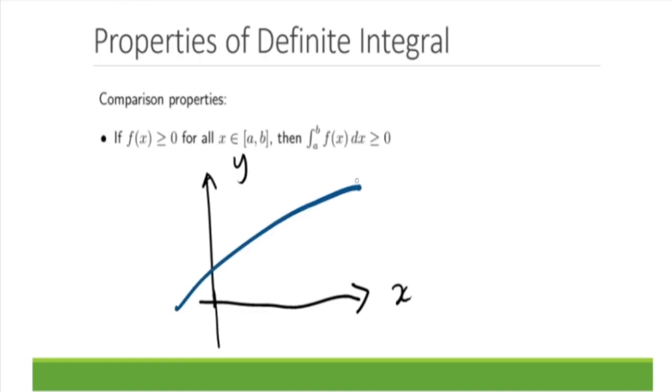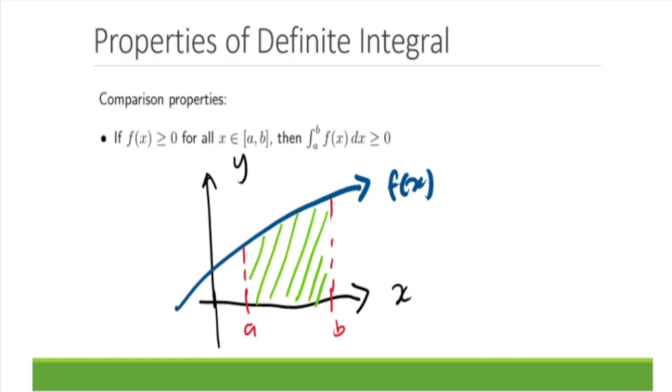Let's say like that. Now, for any x value between A and B, the curve is always above the x-axis, or it is greater than or equal to 0. So this part, which is the definite integral from A to B, will also be greater than or equal to 0.